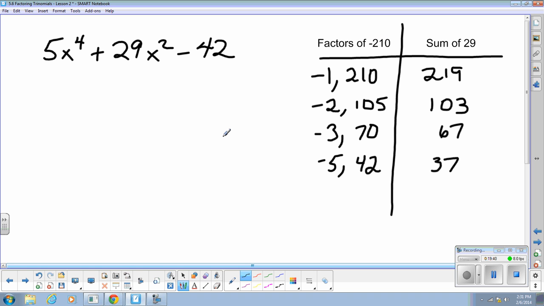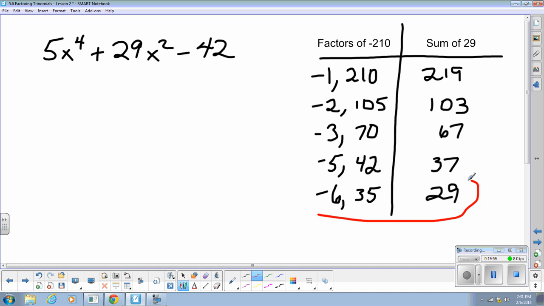Let me grab the calculator quick. I believe it does work. And it does. Okay, so it's negative 6, comma, 35. And when you add those two together, I get a sum of 29. So there's my middle term, my sum. This is the one I'm after. I can stop here. I don't need to go any further.